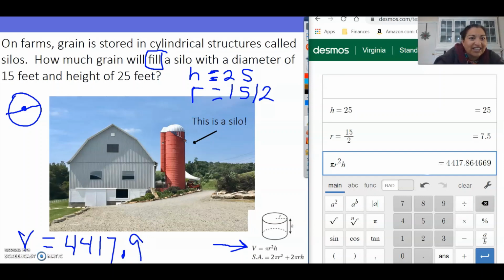Let's round to the nearest tenth this time, and that is going to be feet cubed. Okay, because that 6 pushes up that 8 and makes it a 9. So if we want to know how much grain can be stored in that silo, it's a lot.